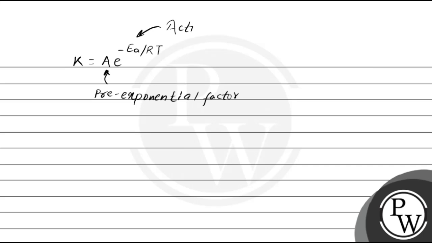And we know that rate constant is equal to A into e to the power minus Ea upon RT, where A is the pre-exponential factor or Arrhenius factor, and Ea is activation energy, R is the gas constant, and T is temperature.